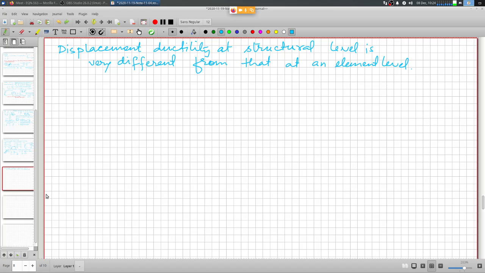members. So the total structure is an assembly of different structural elements: beams, columns, frames, walls, and then how the beams and columns are connected together, the beam column joints.